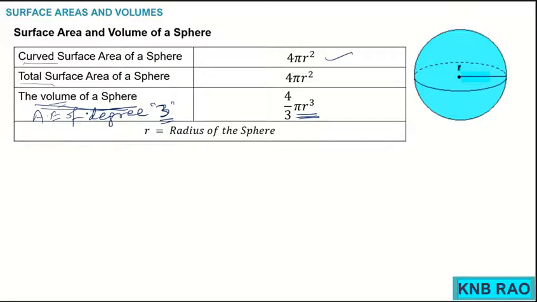Area is an algebraic expression of degree 2. So you have to compulsorily remember and write it as 4 by 3 pi r cube. But let us see an animated video of how this 4 by 3 pi r cube comes as the volume of a sphere.